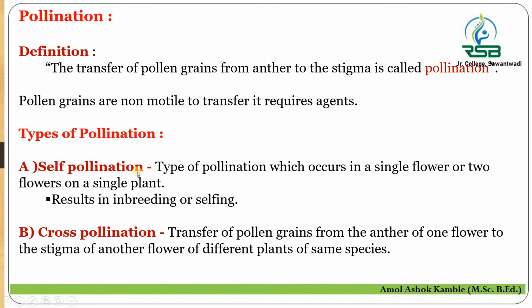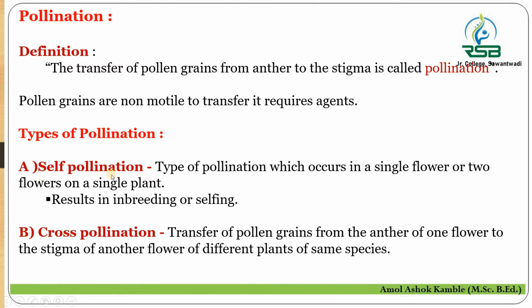What is self pollination? The pollination which takes place in a single flower or two flowers, but the condition is that it must be a single plant. In self pollination, the transfer of pollen grains from anther to the stigma takes place in a single flower or two flowers, but from a single plant.